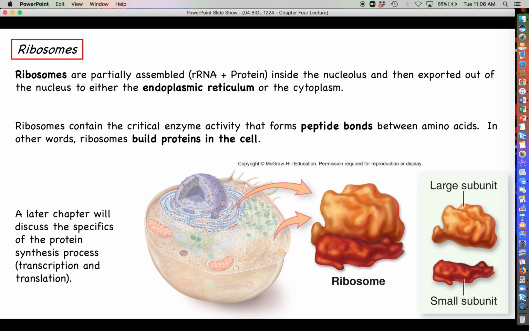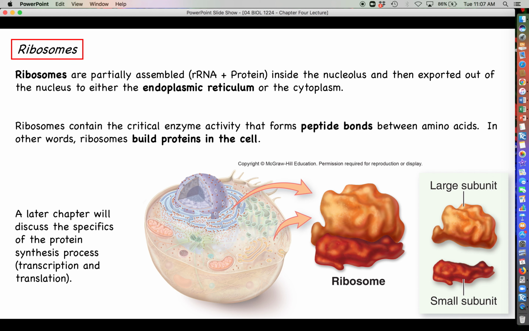Once the messenger RNA gets exported out of the nucleus, the ribosomes are going to attach to the messenger RNA, interpret the instructions, and then form the peptide bonds between the amino acids to start building a protein according to what the instructions say the protein should look like. Now, we're not going to focus too much on this process of what we call translation for right now.